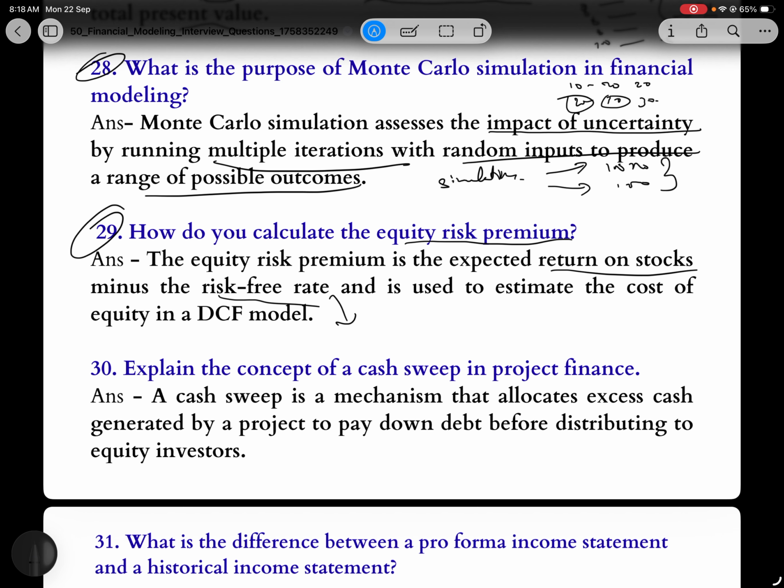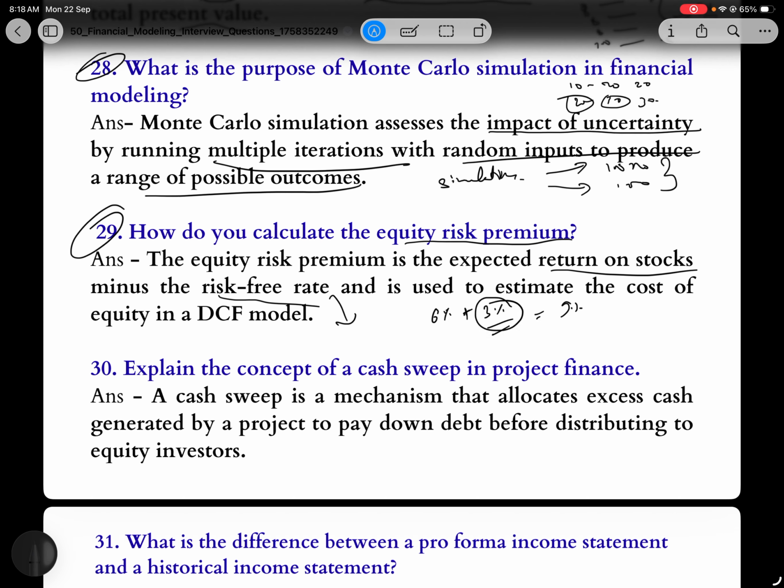Let's say the bank is providing you 6%, which we consider the risk-free rate of return, and you want 9% return.